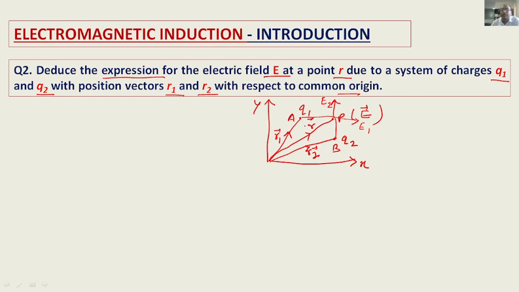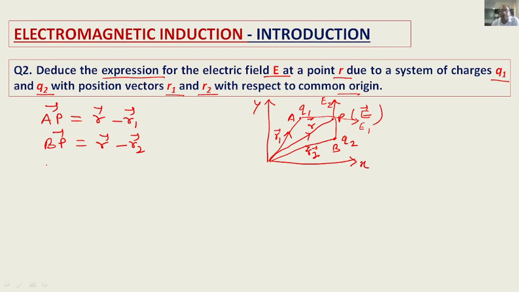But here we are going for vector notation, so let us find the electric field. The distance AP is equal to R vector minus R1 vector. Similarly, the distance BP is R vector minus R2 vector.